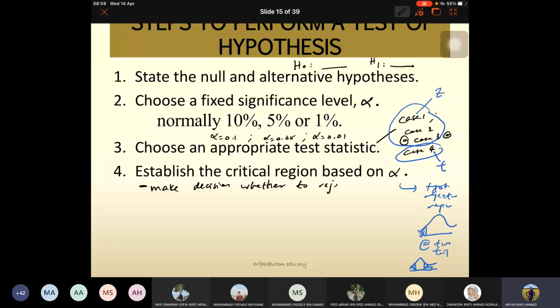to reject H null or accept H null. Okay. Then yang kelima baru make a conclusion.